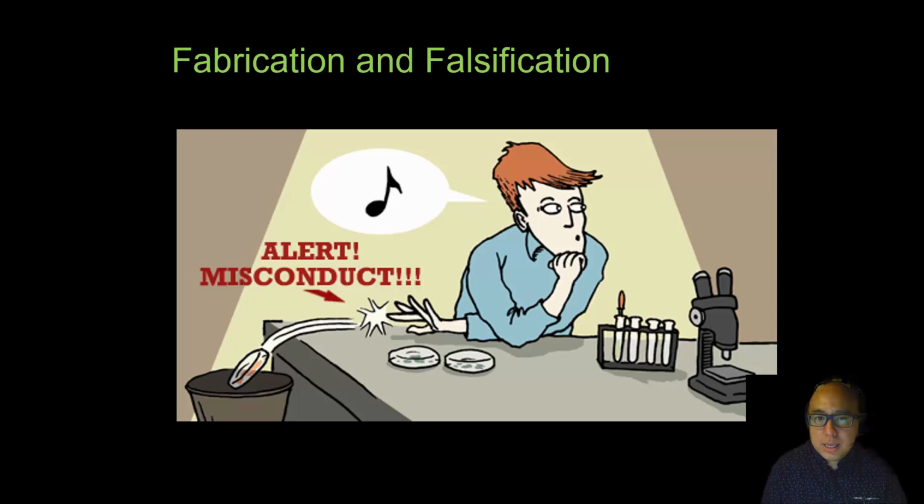There have been cases where studies that were published in peer-reviewed journals had to be retracted because of a discovery, either through a whistleblower or through someone performing the analysis themselves, that the data that was published was fabricated or falsified.